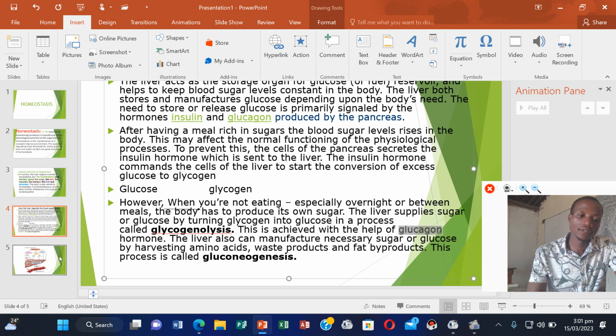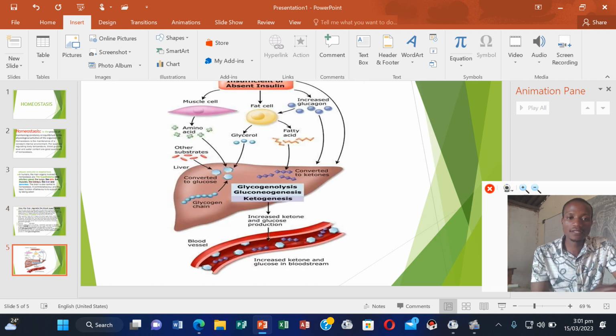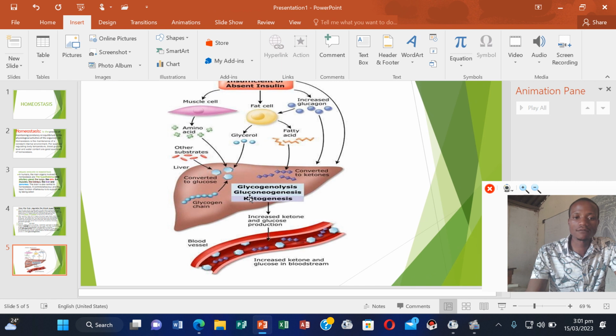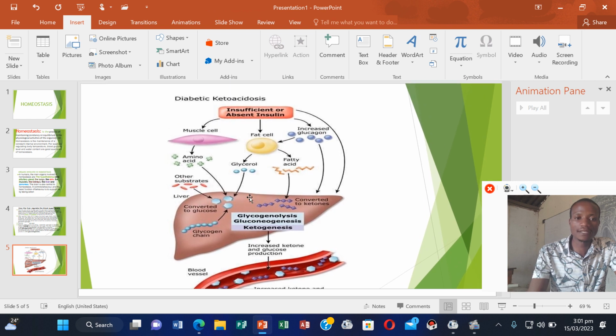Now, there's a diagram which is just trying to summarize what I've been discussing about diabetic ketoacidosis. Here we have the insufficiency or absence of insulin, when you don't have insulin. We have the liver cells.